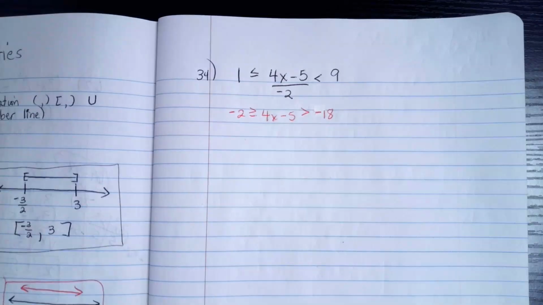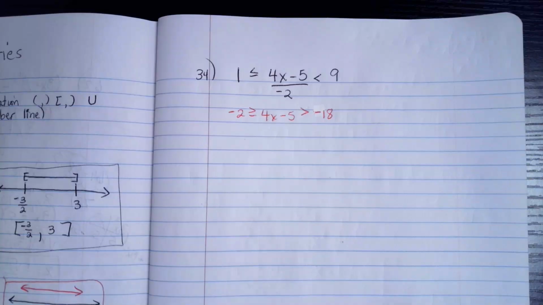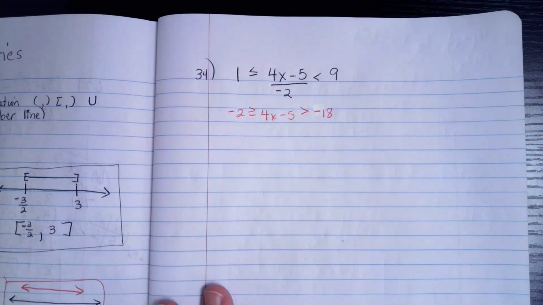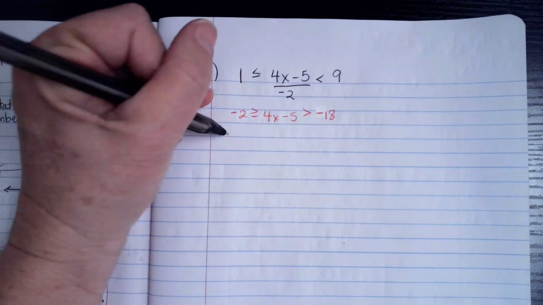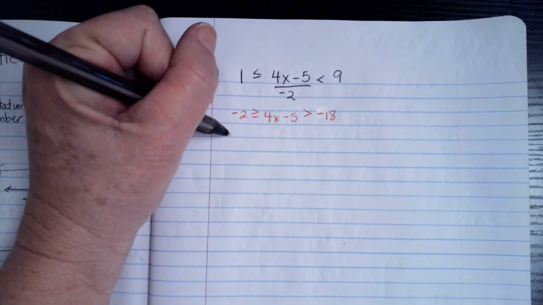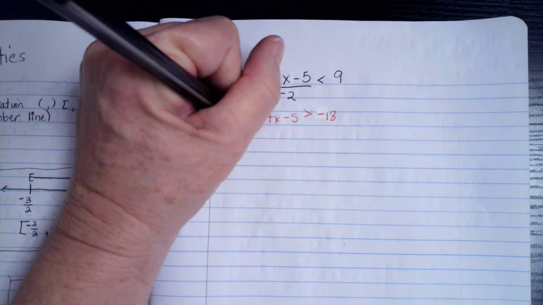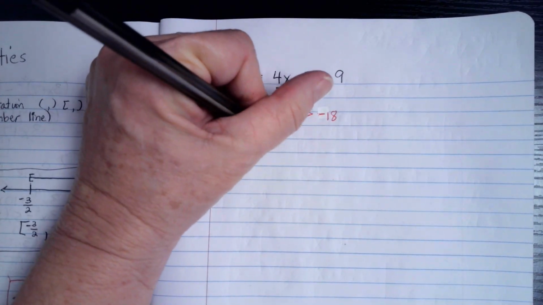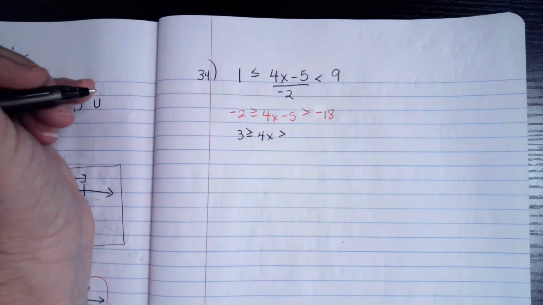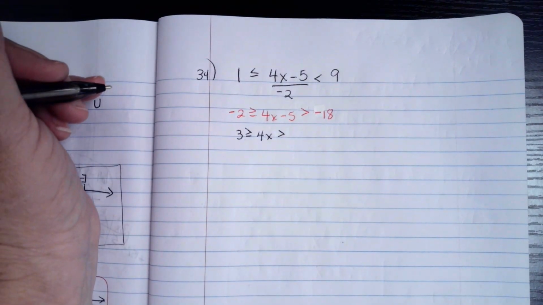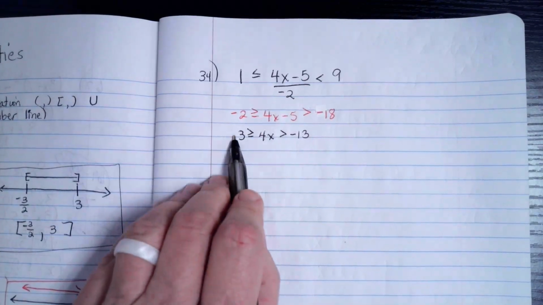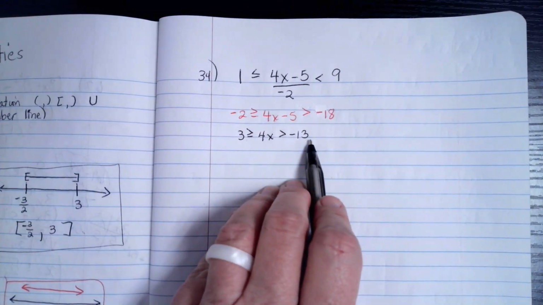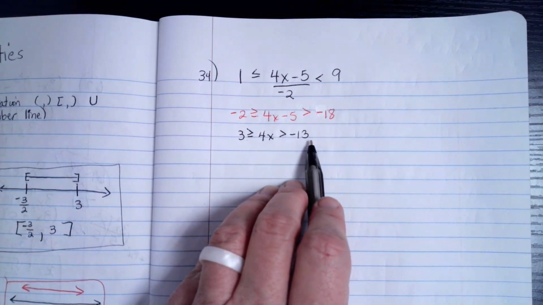You could pick the whole thing up and turn it around, but let's just finish it off first. So what's the next thing you need to get rid of? Positive 3 greater than or equal to 4x, which is greater than negative 13. So we definitely don't have the low number on the left and the high number on the right. But we also don't say less than either.